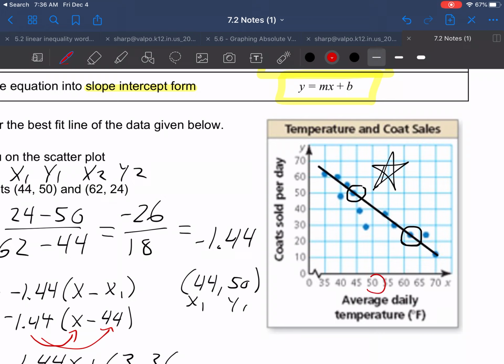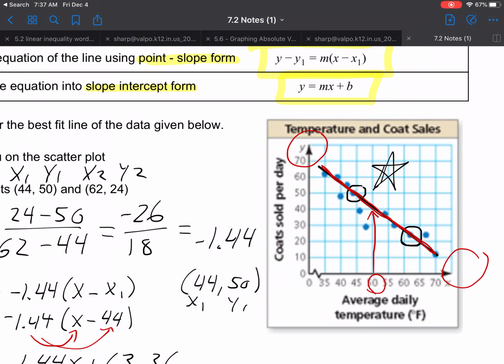Okay, if this was 50 degrees, that would put my line somewhere here, right? This is definitely inside of our best fit line. So this is interpolation. Basically anything that occurs anywhere on this line from here to here is going to be interpolation. Anything that occurs, like if they ask you to find something out here or something out here, that's going to be extrapolation because it's outside of our best fit line.